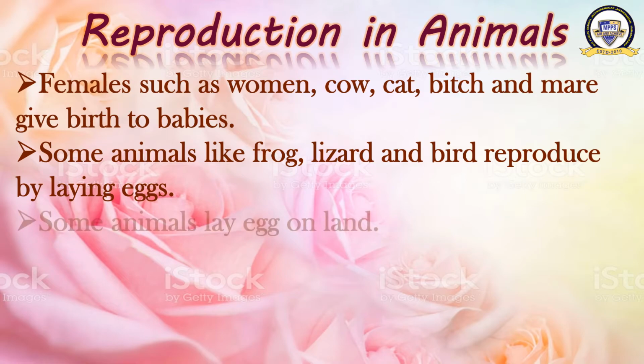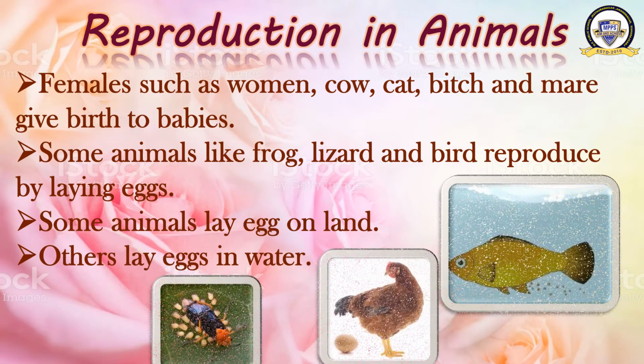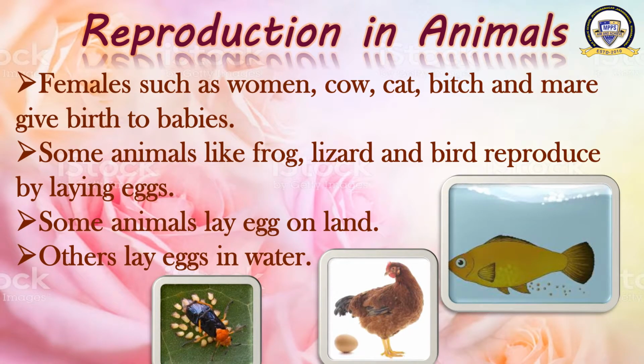That is also a way of reproduction. Okay. Some animals lay eggs on land. Now these animals, is it a frog or lizard or bird or fish? Some animals lay eggs on land and some others lay eggs in water.